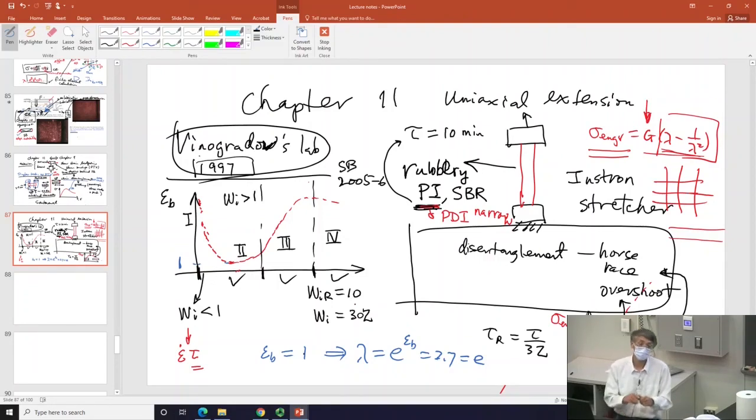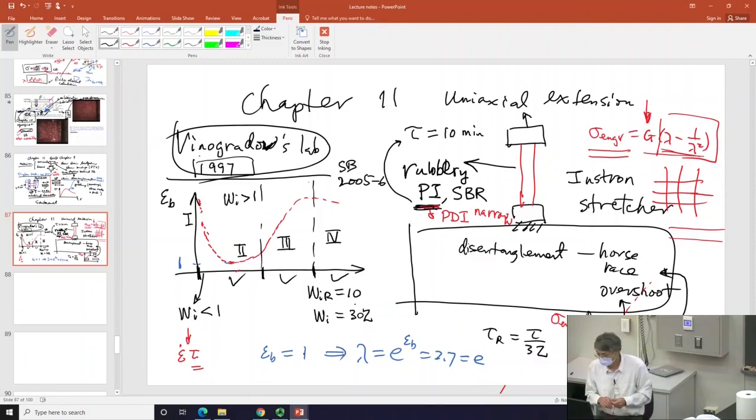And remember, you have how many horses? 10 to the 6, several million horses. And each of the horses is very much similar to the case of shear. They are all communicating with each other, except in extension. If one horse fails to untangle, then it fails to be able to transmit the force to the next.